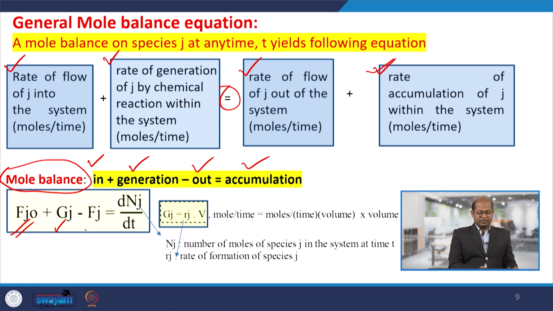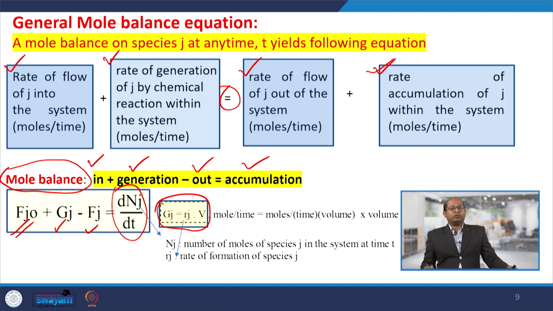F j is the output from the exit stream, the component J leaving the reactor, and d N j by dt is the accumulation of that component within a stipulated time. The rate of generation G j equals the rate of generation multiplied by the specified volume, giving mole per unit time. N j is the number of moles, and R j is the rate of formation of species J.